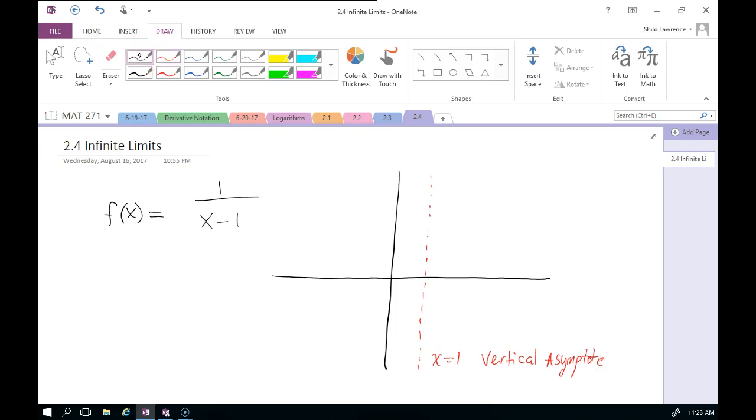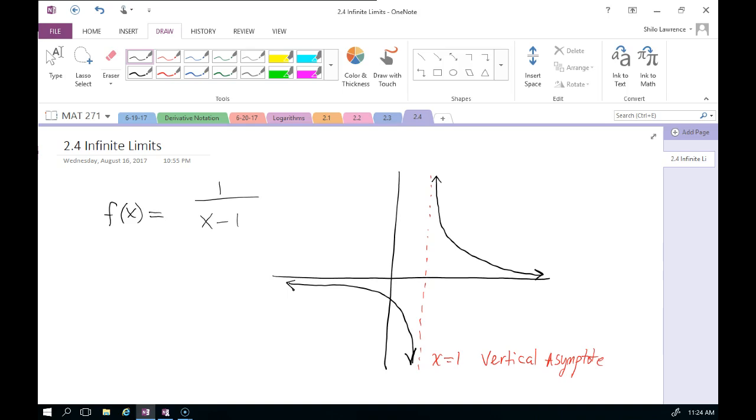And then it's got two separate pieces that make up this graph. It has got a right-hand piece that's above the x-axis, and it's got a left-hand piece that is below the x-axis. So it looks something like that.